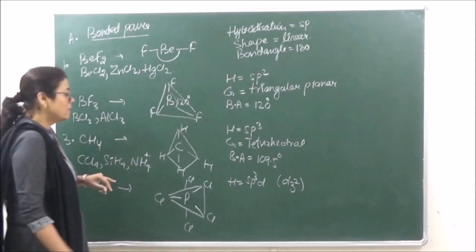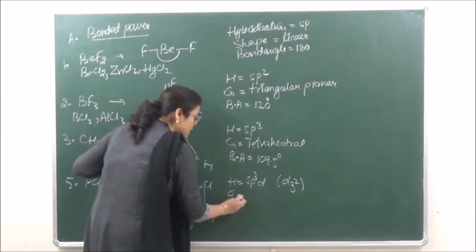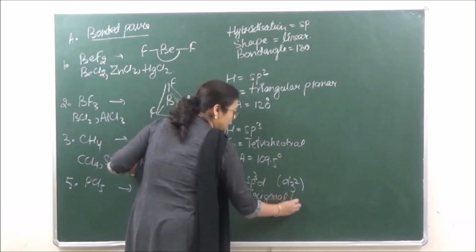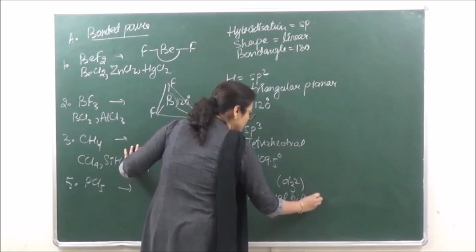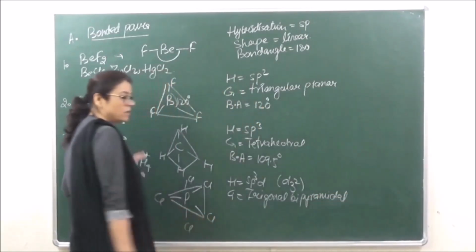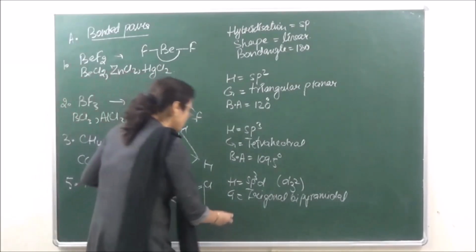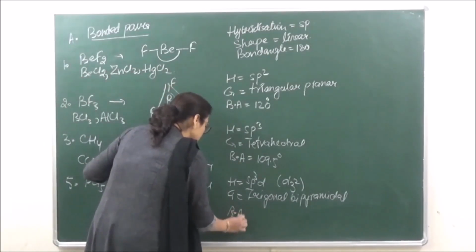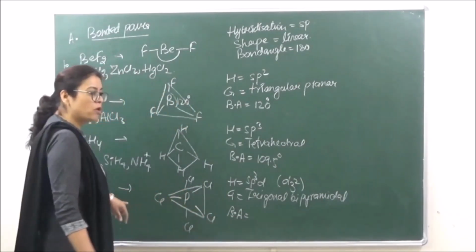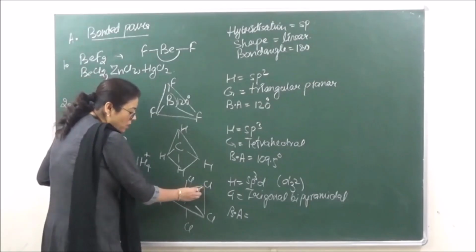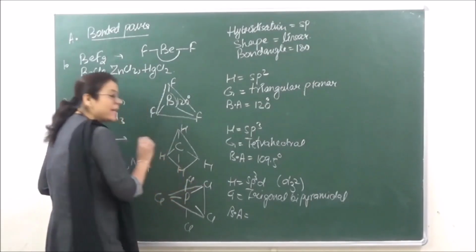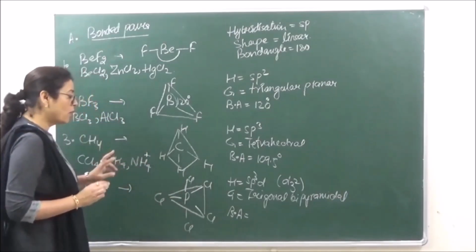Then the geometry is trigonal bipyramidal. And for the bond angle, you can see two types of bonds which are present. One is this bond, known as the equatorial bond, and one is this bond which is known as the axial bond. So there are two bond angles.